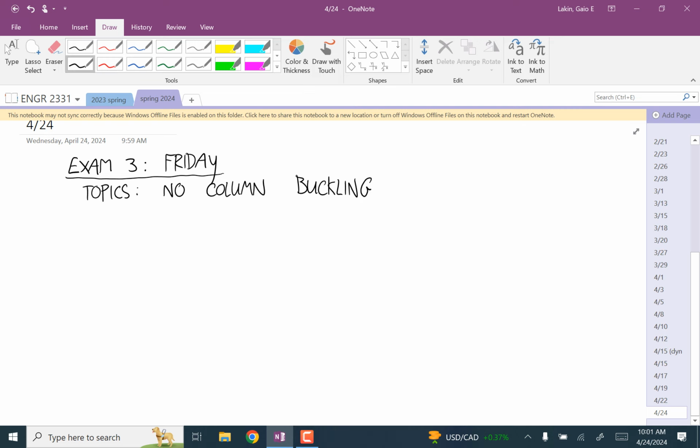So let's say that there is a fixed joint over on this side and a pin joint on this side. Let's say that a bunch of stuff happens at the center.